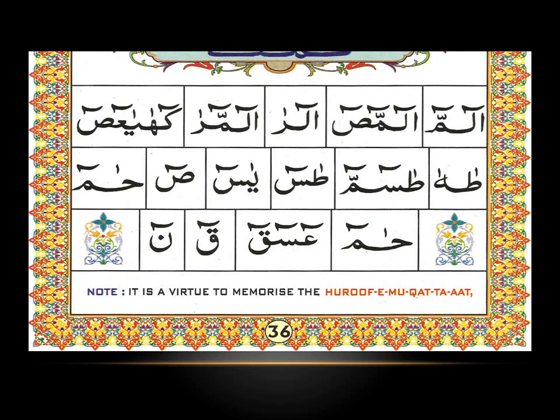So say with me again, second time. Alif, lam, mim. Now do you understand why there is a shadda? If you didn't understand, let me tell you. Lam ends on an m sound, isn't it?